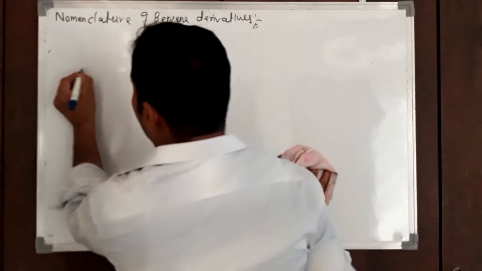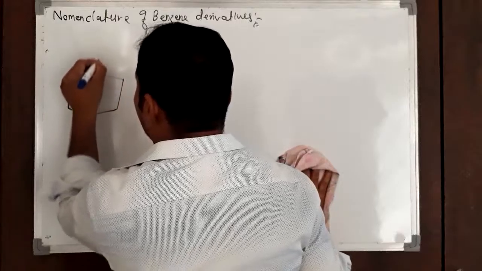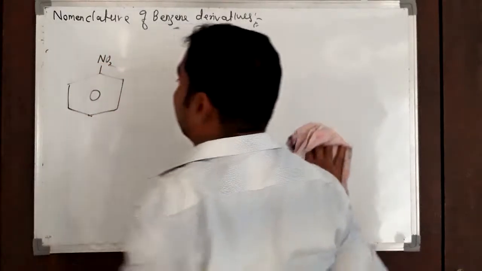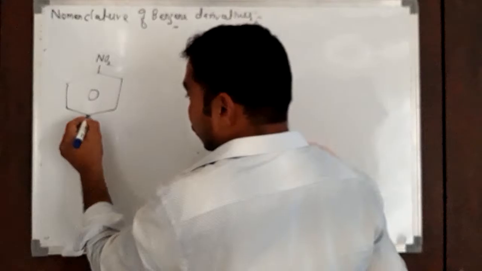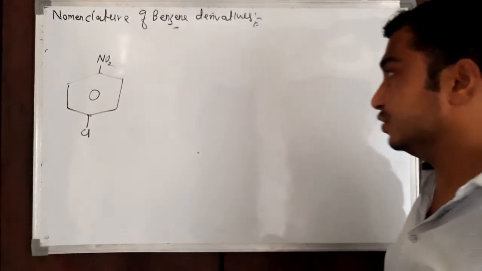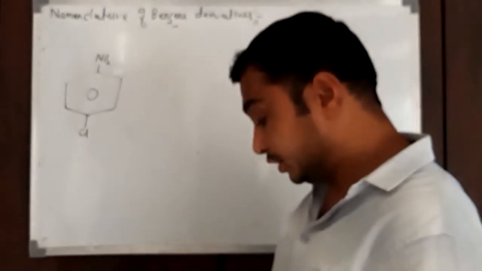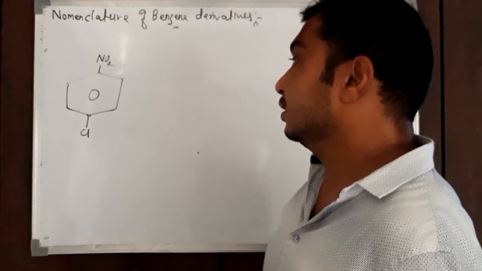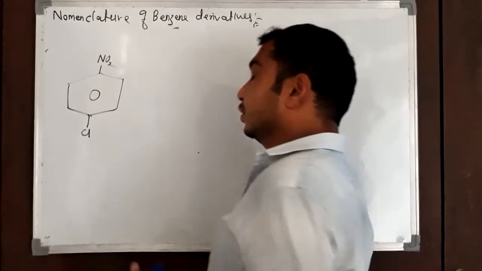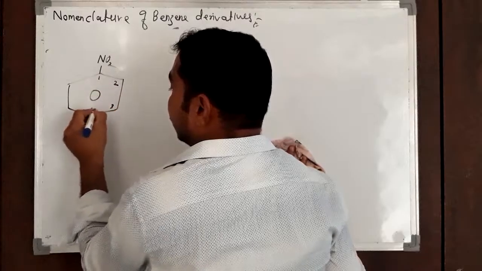Now, for example, nitrobenzene. Suppose chlorine is attached; it is disubstituted benzene, because two substituents are attached at the benzene ring. Now give numbering 1 2 3 4.